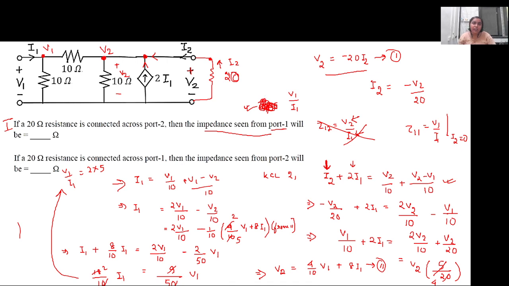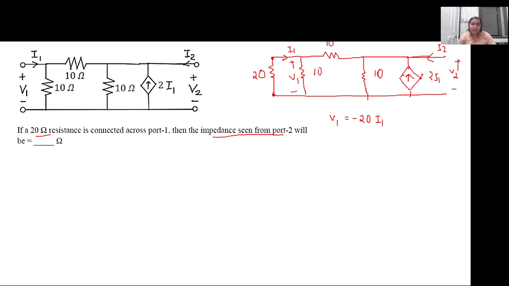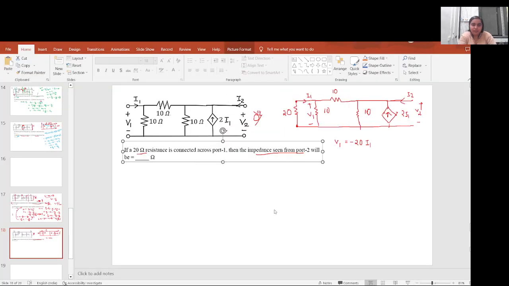Z11 would have been only if it was restricted to the two-port network, that is up to this portion of the circuit. When we add an extra resistance, it's just the voltage by current ratio at the input. So in this case, if we see from the input, what will be the impedance of the circuit? So what will be the ratio?